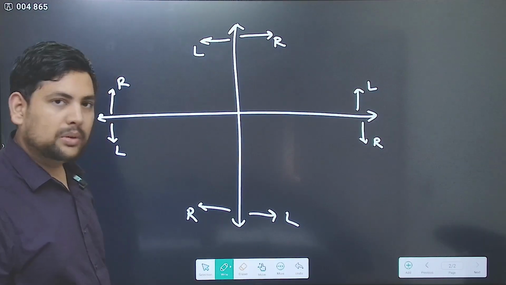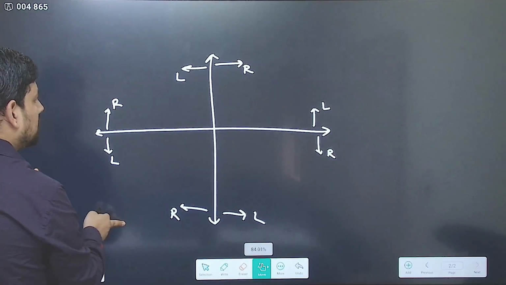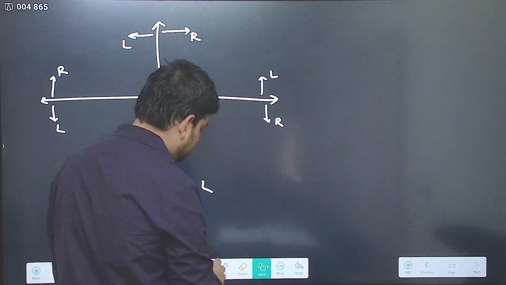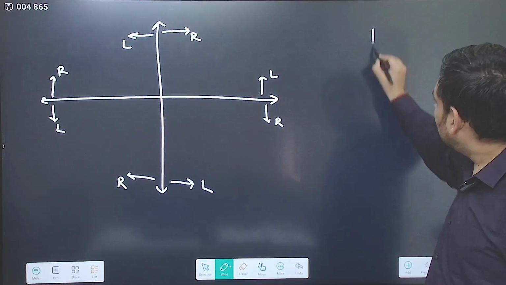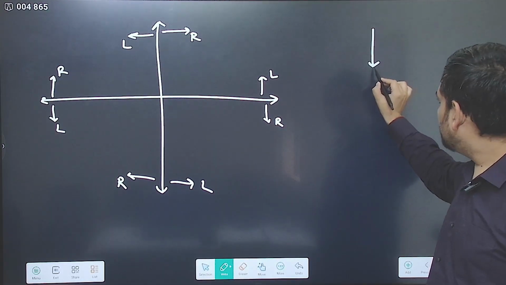Now, how do you remember this? So there are two ways to remember this. Two things you have to remember, because every time you cannot be doing this with your hands. Correct. So one way is, the main problem people face is with respect to when they are going south.